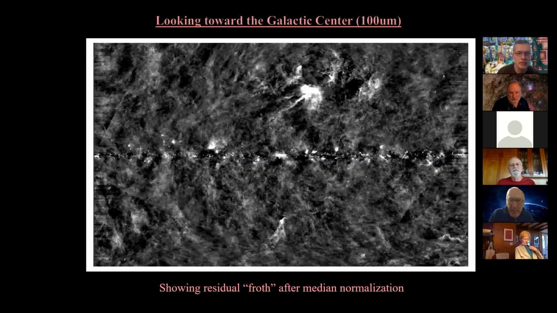Here's looking towards the center. Yeah, that's the one, actually. You can see something that looks like a huge circle that goes around the left side and comes back on the right as well. I don't know if that whole thing is 100 degrees by 50, you said? 100 by 60. 100 by 60, yeah.